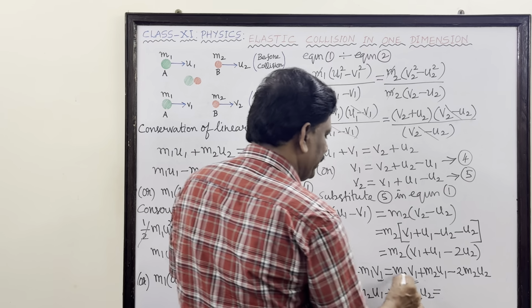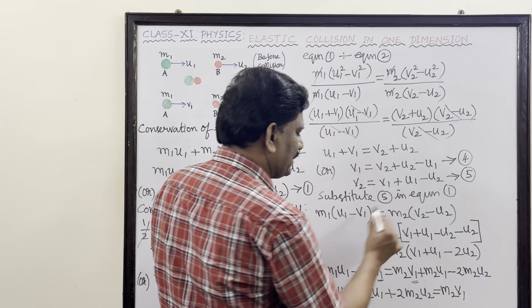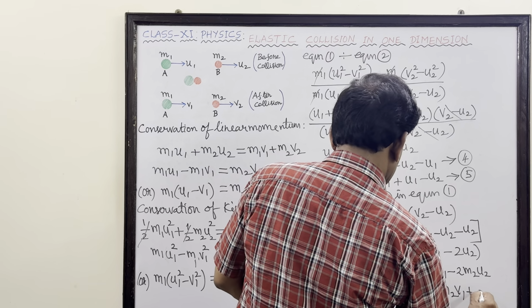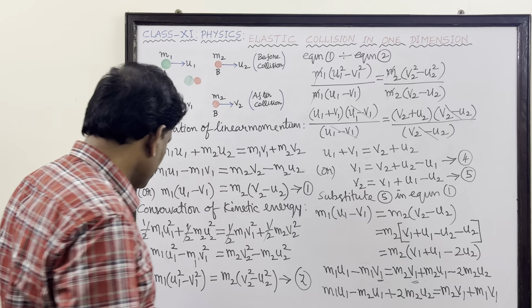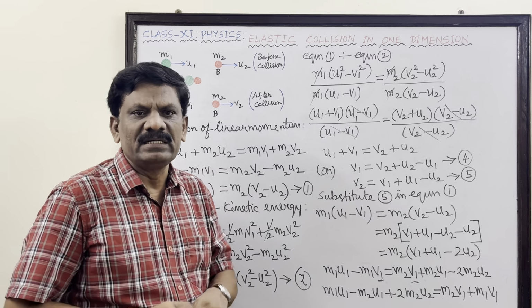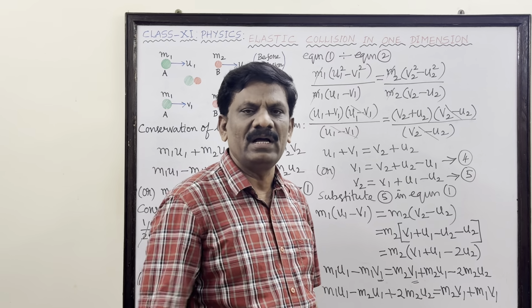This is equal to m2 v1, and this minus is shifted to the right side as plus m1 into v1. So we have shifted the terms. Now we are going to get an expression for v1 by taking v1 as a common factor.